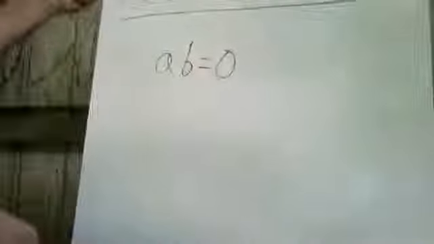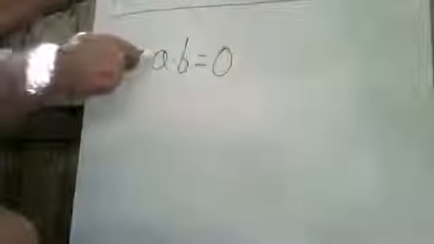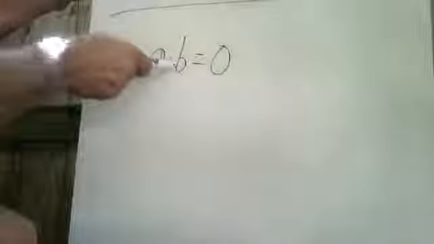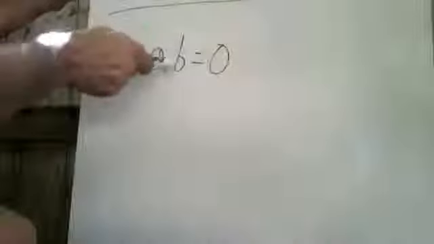that if you have two things multiplied together, think about it, A times B, and I told you that they equal 0. Well, what do you know about A or B? Could this one be really big and this one be really tiny? No. Could this one be positive, this one be negative?